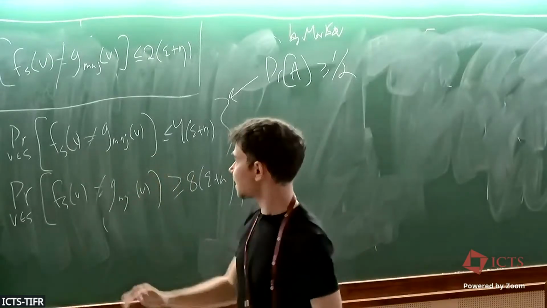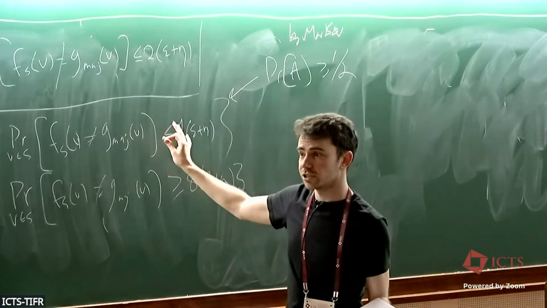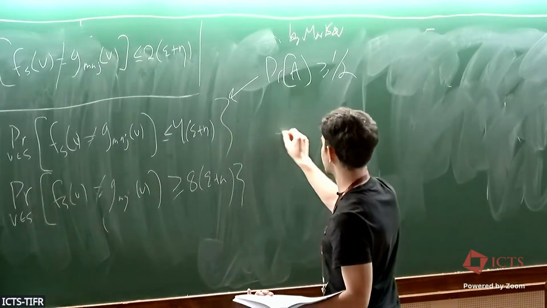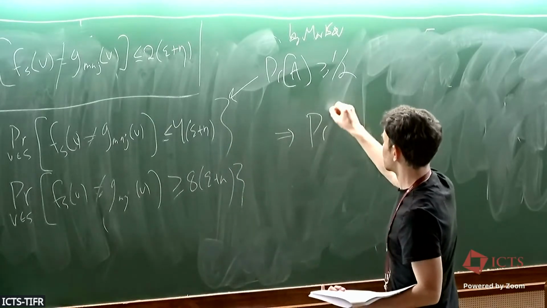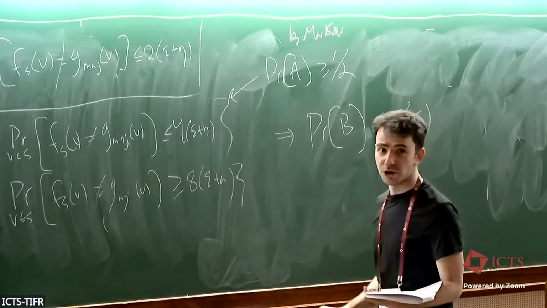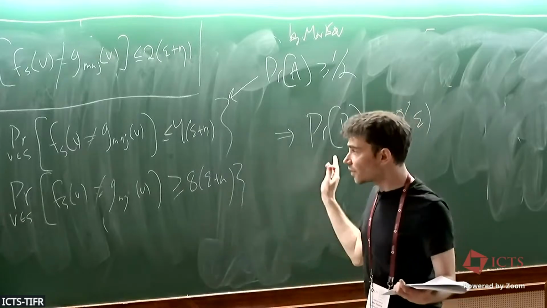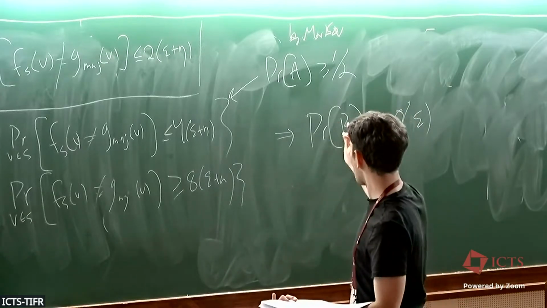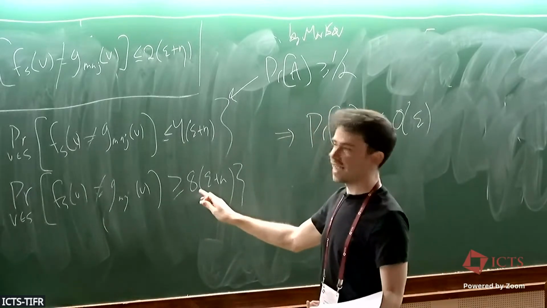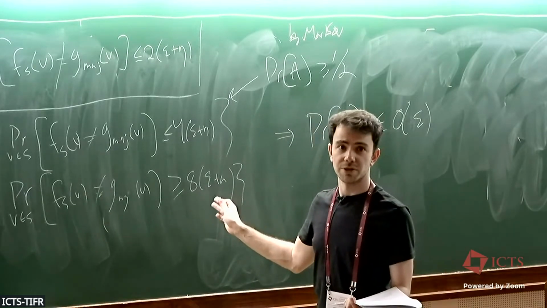At least half the D sets are pretty close to the G majority just by standard Markov. And I want to show that this implies that the probability of B is really small. It's actually at most O of epsilon. And if I can prove this, I'll be done, right? Because that says that all but a 1 minus O of epsilon fraction of D sets, less than 8 epsilon plus eta agree with the G majority function.